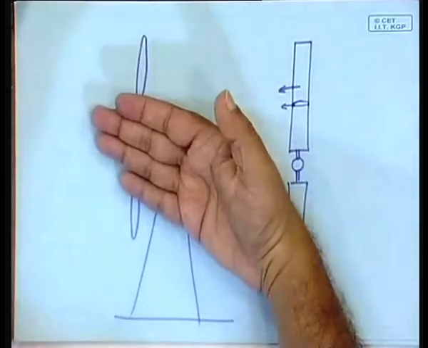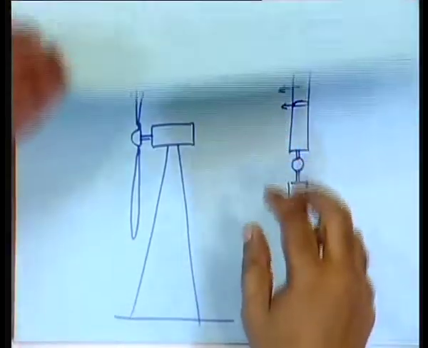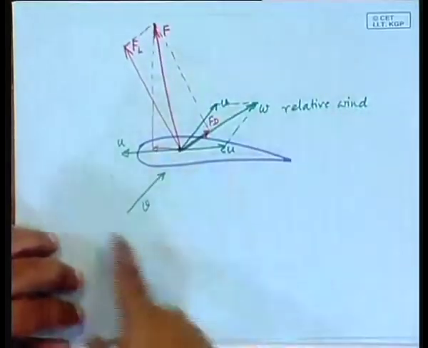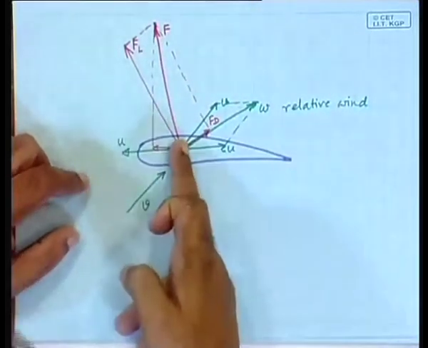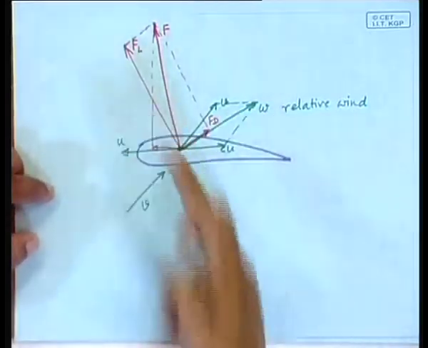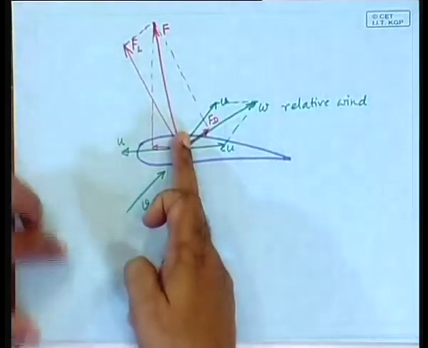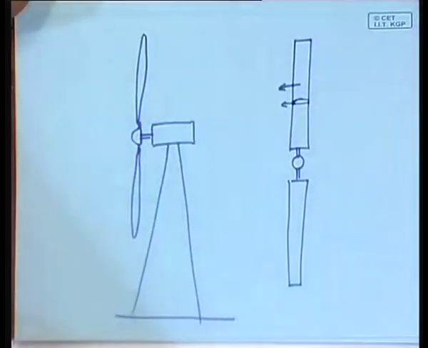This fellow is rotating and wind is coming like this. So, instead of drawing like this, in our specific case, wind will be coming like that. Okay. So, U is here, wind will be right here, which we will take up in the next class, but try to understand the structure.